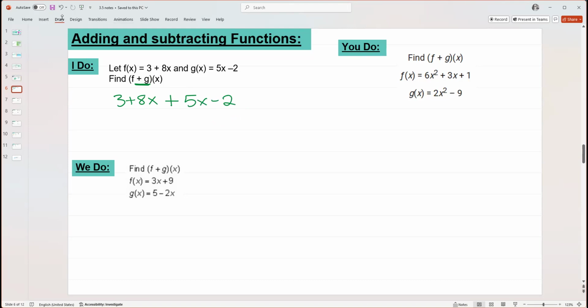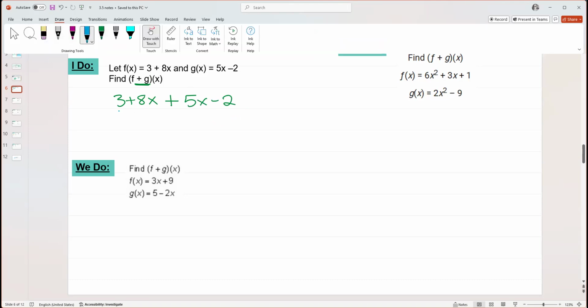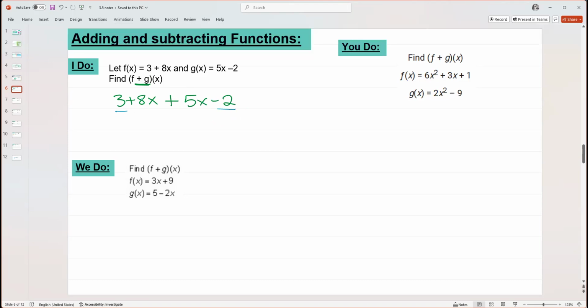Okay, so then we're just combining like terms. So we've got 3 and a -2, and we have 8x plus 5x. It does not matter which ones you put first. I like my x terms to go first, so I'm probably going to do those first. 8 plus 5, 13. So we have 13x.